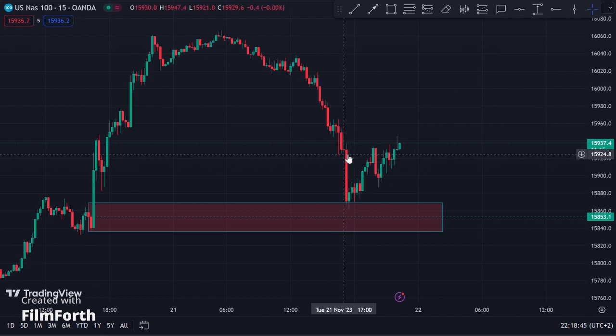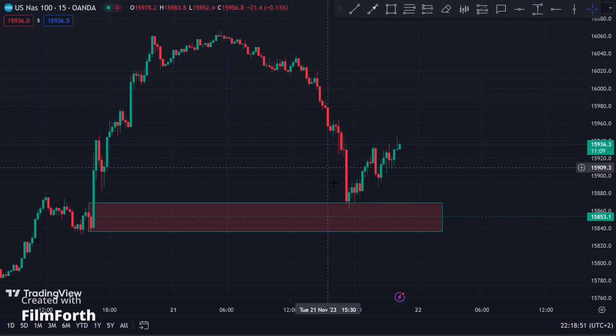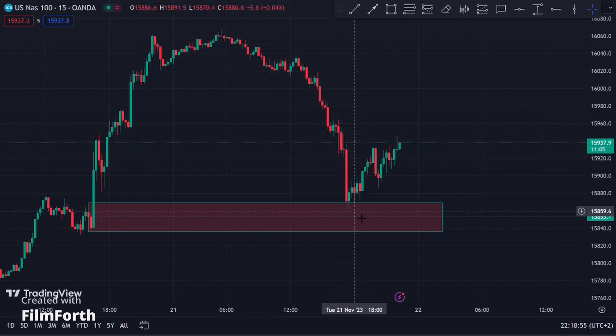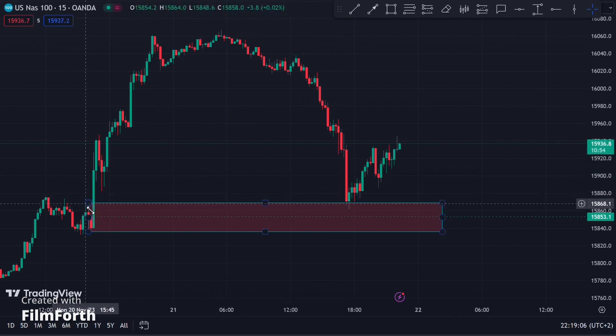Because I'm seeing the say 5. Oh, FOMC was here. Oh yeah, I'm wrong. This here, yeah, this here. When this came down, it respected the order block. Even though we have a fair value gap here, we are not going to focus on the fair value gap, because here's an order block here, this red block.